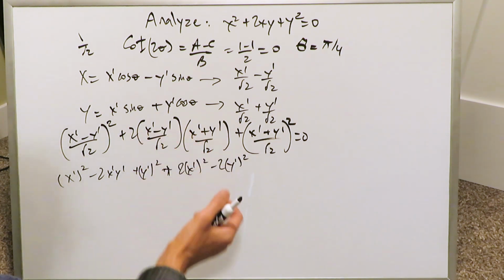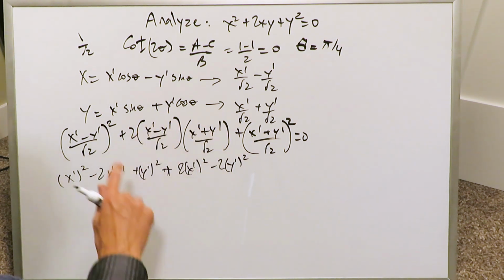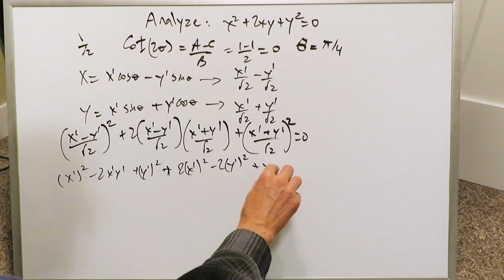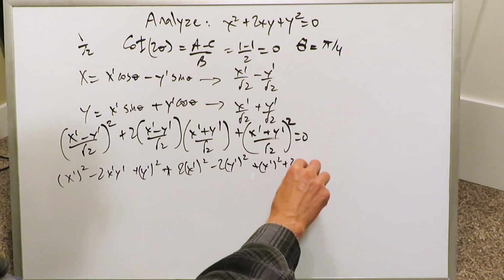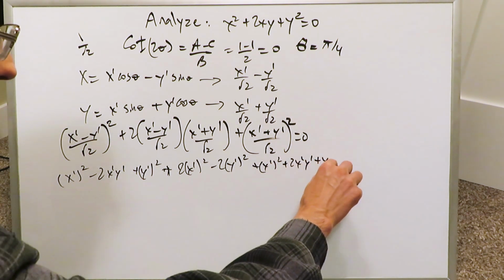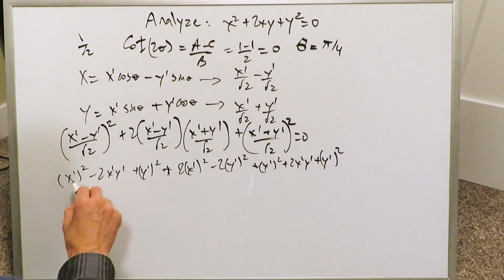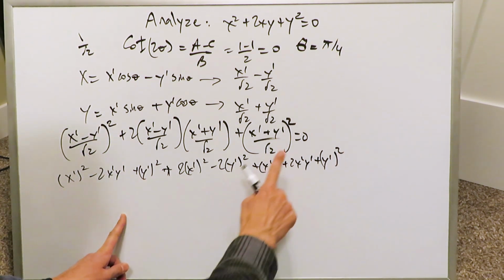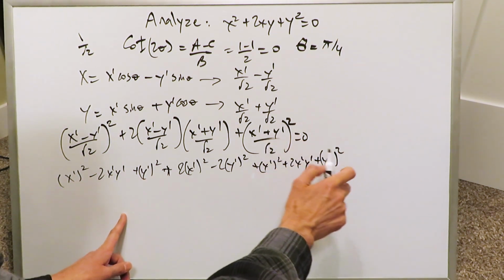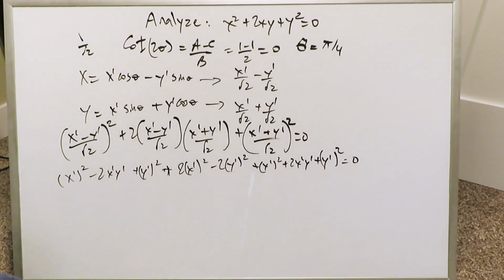The intermediate term will cancel because it's a conjugate, a minus b times a plus b, plus x prime whole squared plus 2x prime y prime plus y prime whole squared, all over 2. All over 2 will cross multiply with that 0, and it'll zero out. So technically the denominator is gone and everything equals 0.